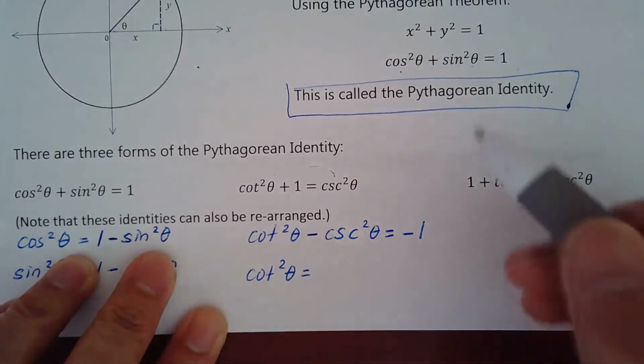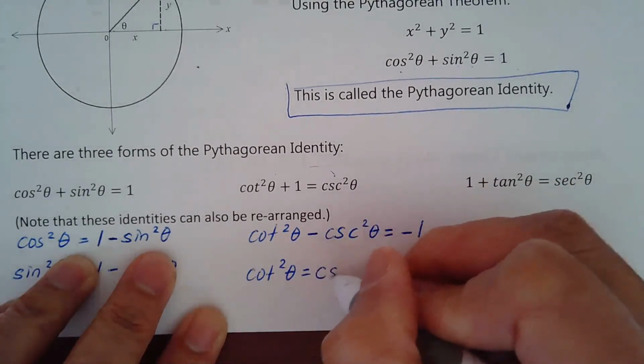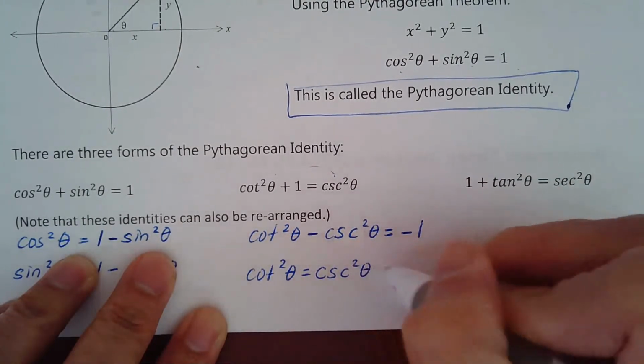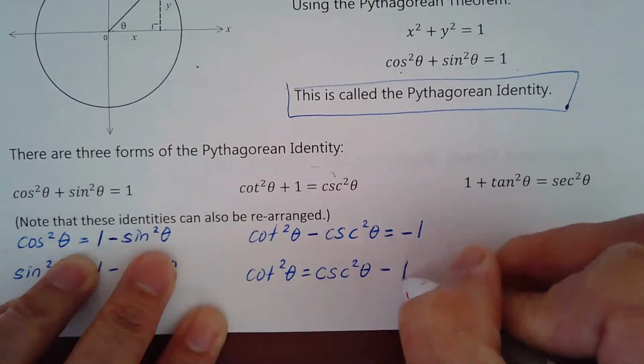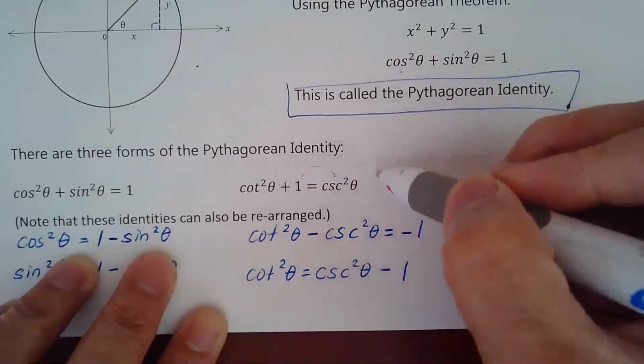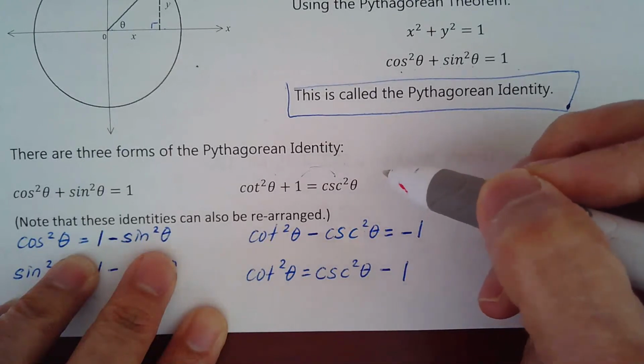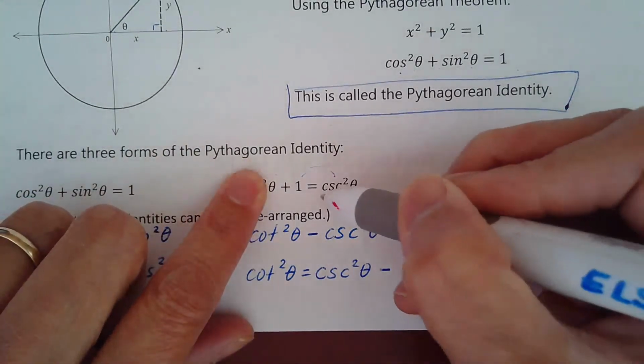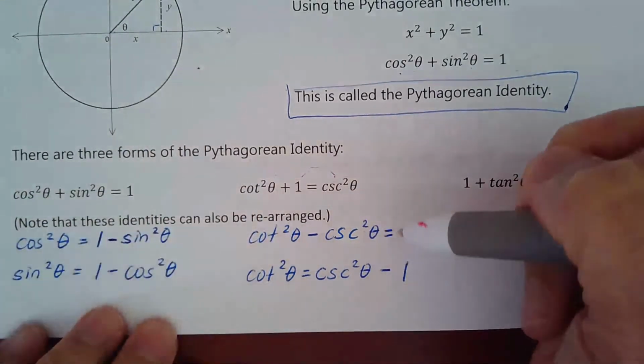And if that's the case, it's going to be cosecant squared theta minus 1. Right, so if I bring this to the other side over there, it's going to be cotangent squared, so it's cosecant squared minus 1.